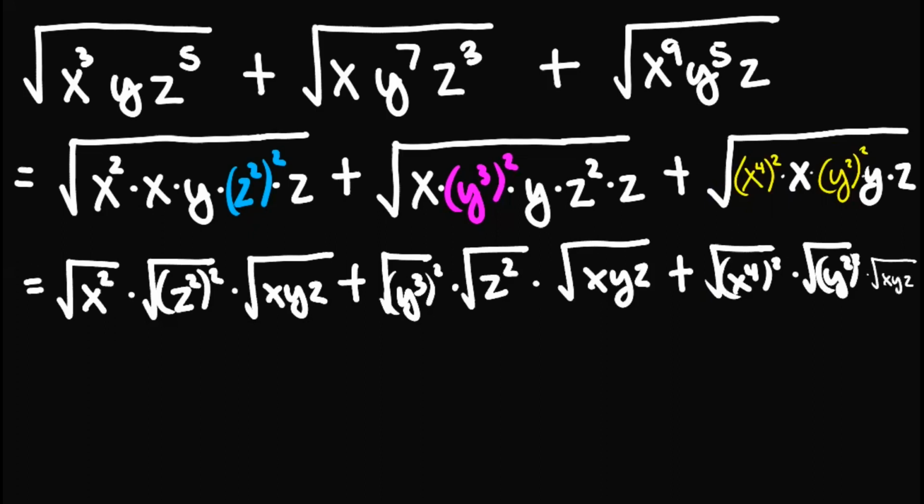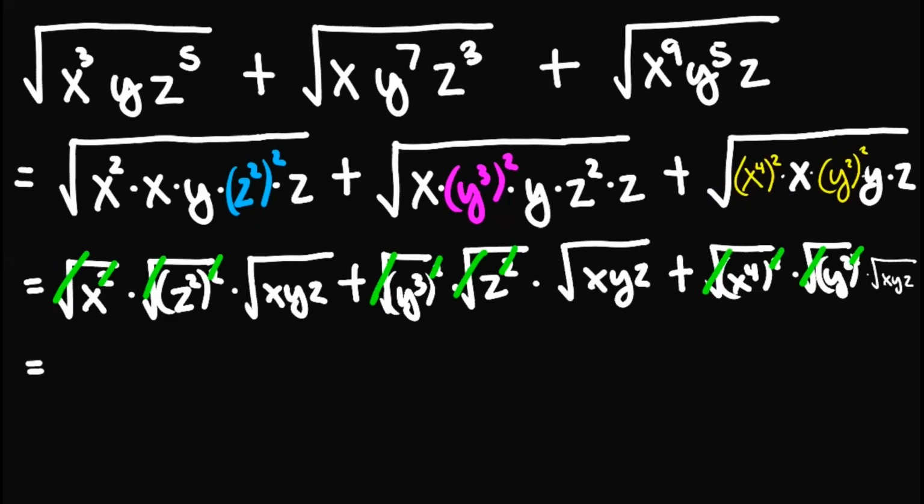So apologies for not being able to write it properly, but in this step we'll apply the first law. Since we have a square here and a square root out here, we can remove the radical sign out here, out here, and out here. So basically we applied some laws of radicals.